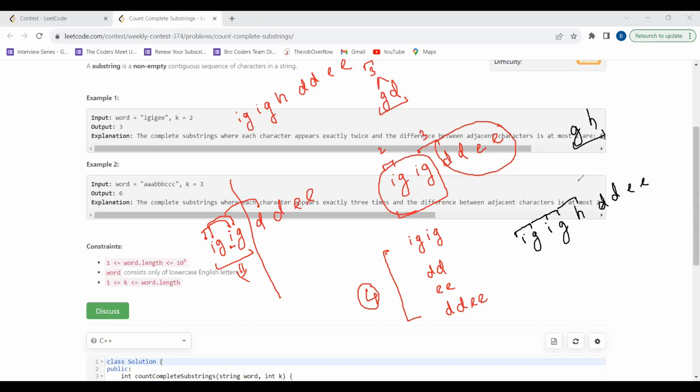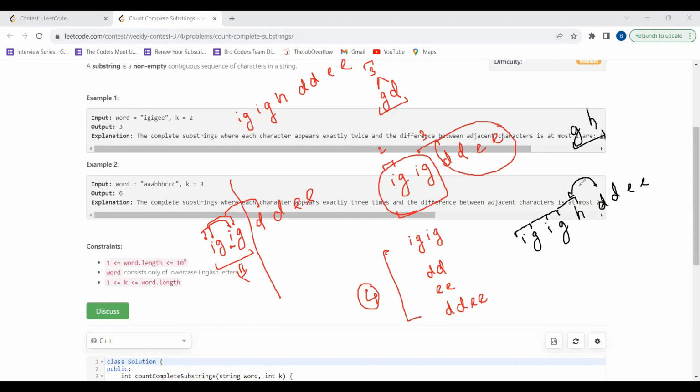Now, after H, we have D. H and D can't occur simultaneously, they can't be adjacent characters.